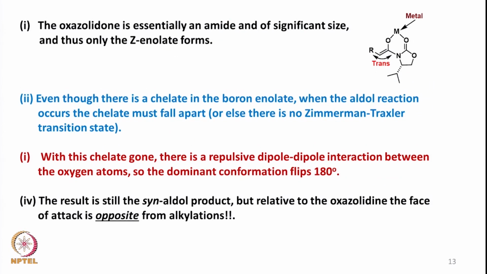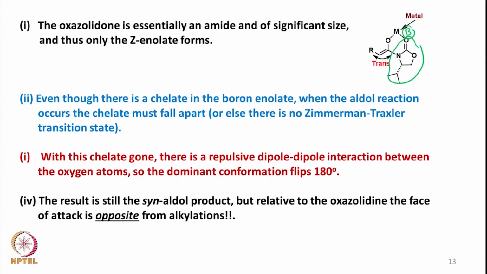Now we look at the oxazolidinone, which is basically an amide, and this particular part is essentially a carbamate, and it is of a very large size, and therefore the Z enolate formation occurs preferentially. Even though there is a chelate in the boron enolate, this is the boron enolate, this is the boron where the metal is.